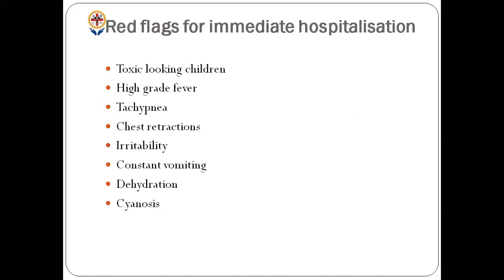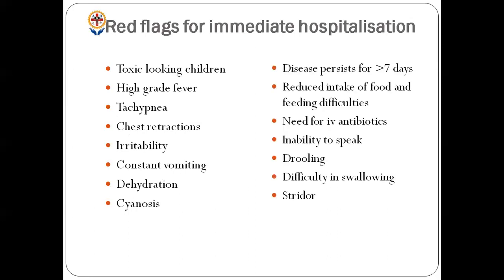If the child is toxic, has constant vomiting and dehydration, or tachypnea, retractions, irritability and cyanosis, or persistent symptoms despite oral medication and oral antibiotics, or if you feel the child requires IV antibiotics, or any signs of upper airway obstruction, which is very important, such as drooling of secretions, difficulty swallowing, or stridor, it is a definite indication for hospitalization.